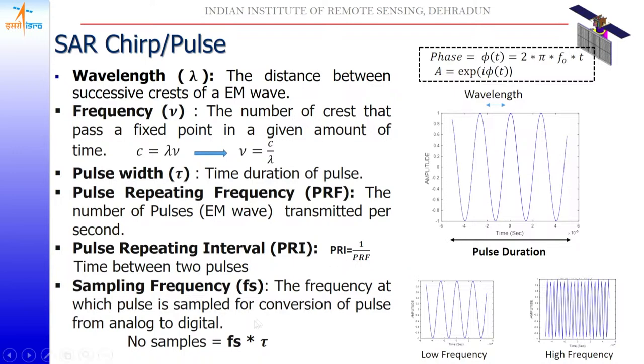The number of samples we get is the sampling frequency times the time duration. As I told you, SAR is an imaging sensor, so if we know the sampling frequency of the chirp and the time duration, we can calculate the number of samples.